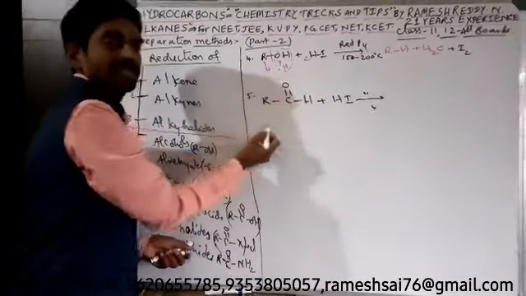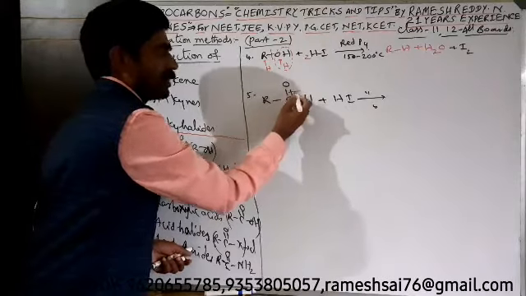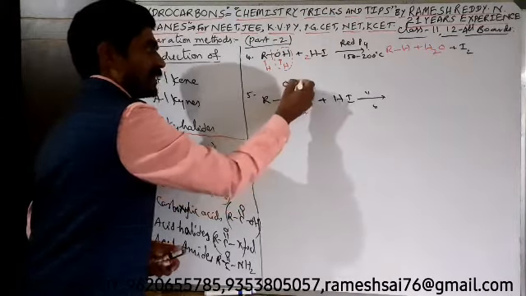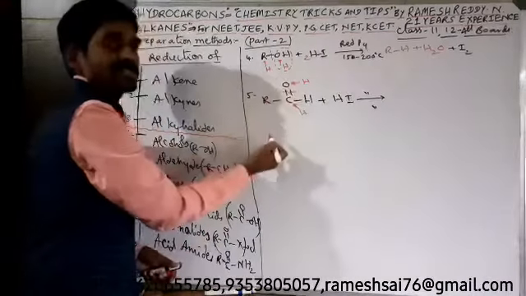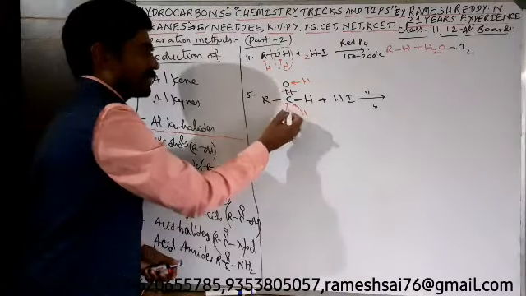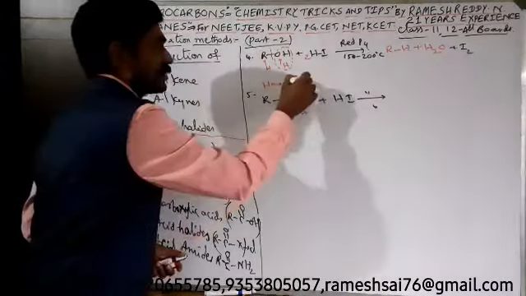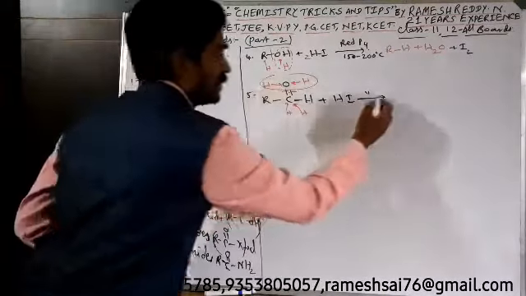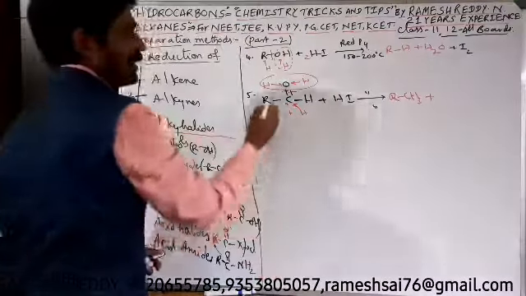Here there are two carbon-oxygen bonds. The first bond you have to break. By the breaking of this bond, to the carbon atom you add one hydrogen, and to the oxygen atom you add one hydrogen. The next bond also has to break. With the breaking of the second bond, to the carbon you add one hydrogen, and to the oxygen you add one hydrogen. Then it is removed as a water molecule. Now RCH3, an alkane, we get.